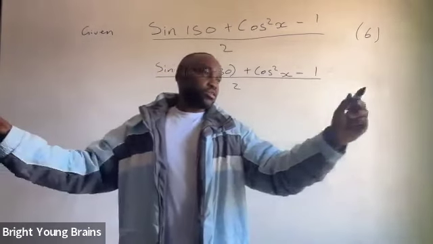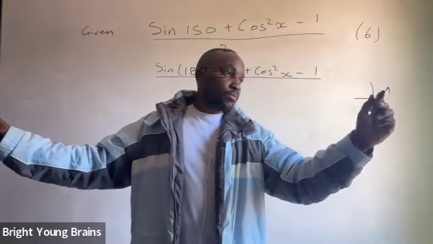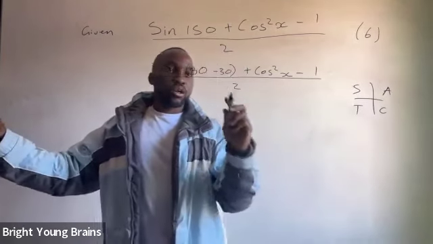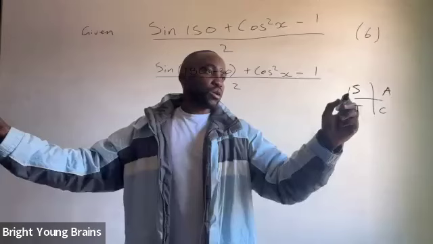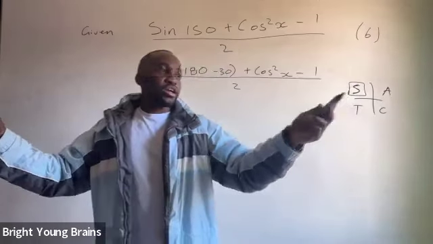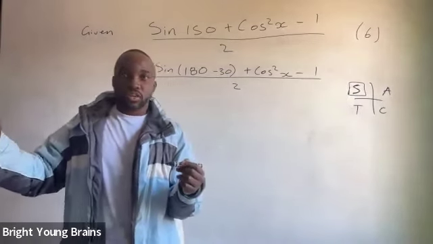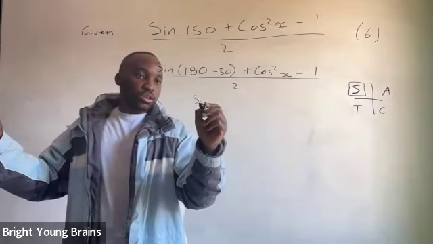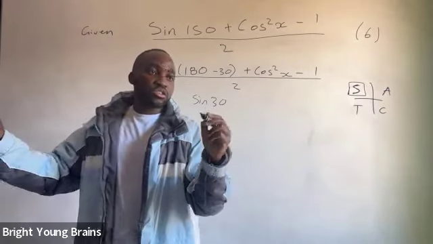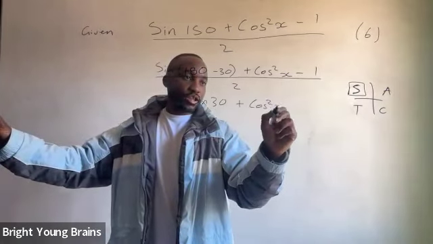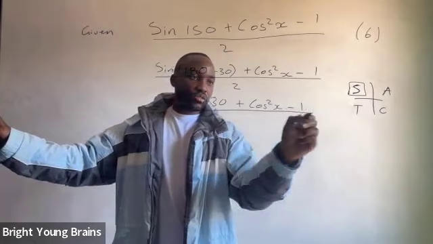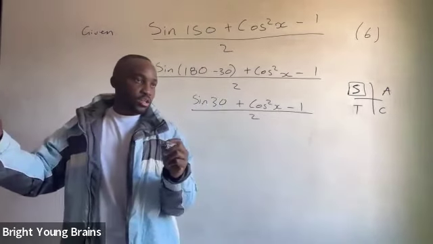If we think of our CAST diagram, we know that 180 minus leaves us in this quadrant here. This is the quadrant where we have 180 minus, and sine is positive in that quadrant. So we're going to end up with just sine 30, which we can write as a half in the next line, but there is no hurry, so let's do it step by step.